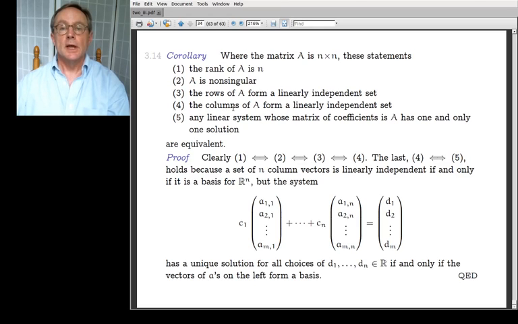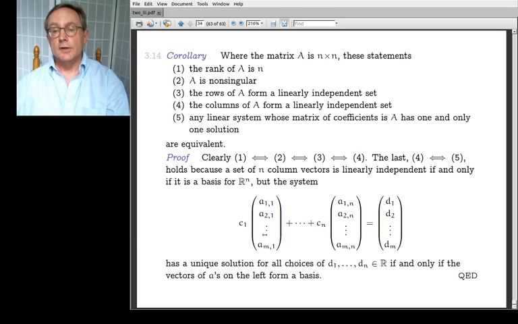And the last one: if the columns of the square matrix form a linearly independent set, then any linear system whose coefficient matrix is A has one and only one solution. Again, it really ties us back to the very first day: unique solutions for linear systems. If the set of column vectors is linearly independent, then it's a basis for R^n.